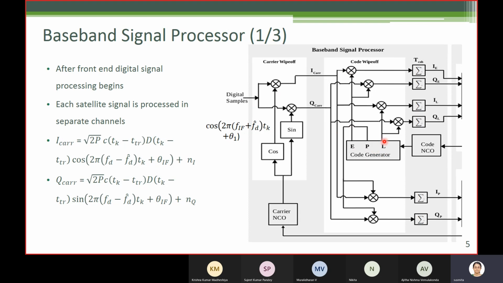So we basically have 6 legs at this point, meaning 3 pairs. When these 2 legs are multiplied with early code samples, we get these pairs. When they are multiplied with P, we get this pair. When they are multiplied with late code samples, we get this pair.